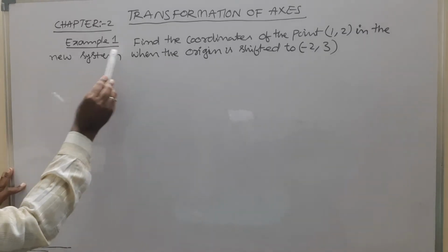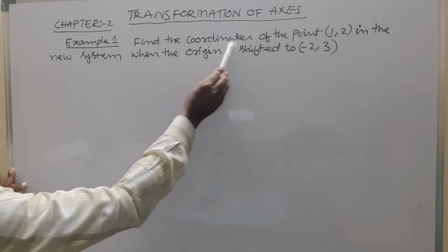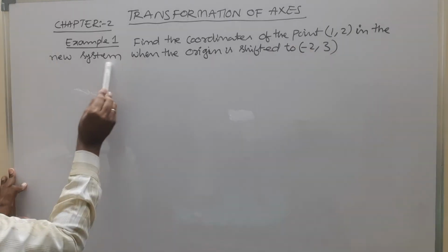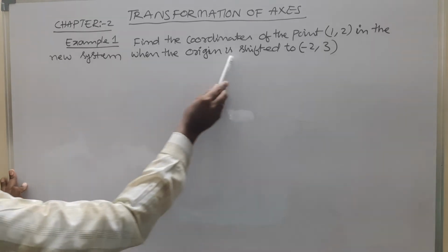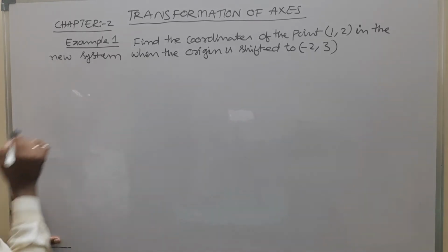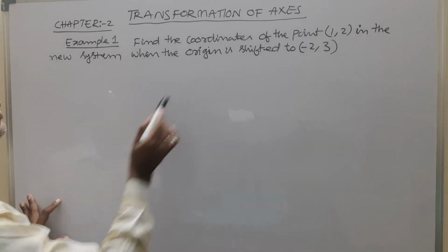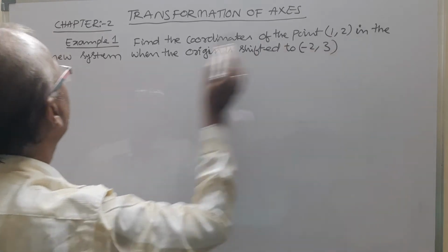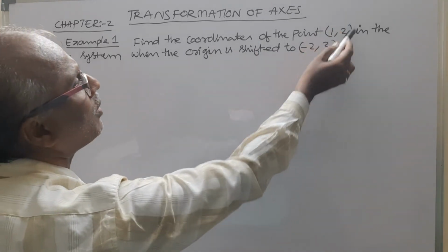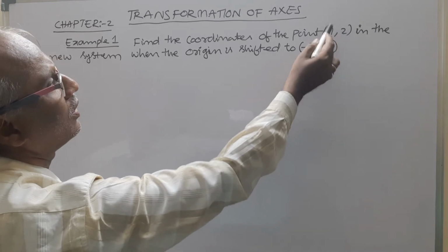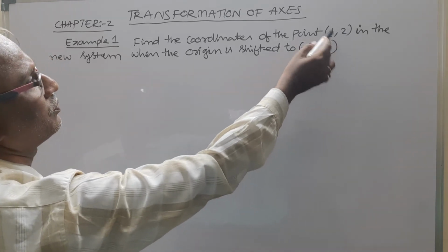Example 1. Find the coordinates of the point (1, 2) in the new system when the origin is shifted to (-2, 3). Here, to find the coordinates of the point in the new system, the point (1, 2) is the original coordinates.